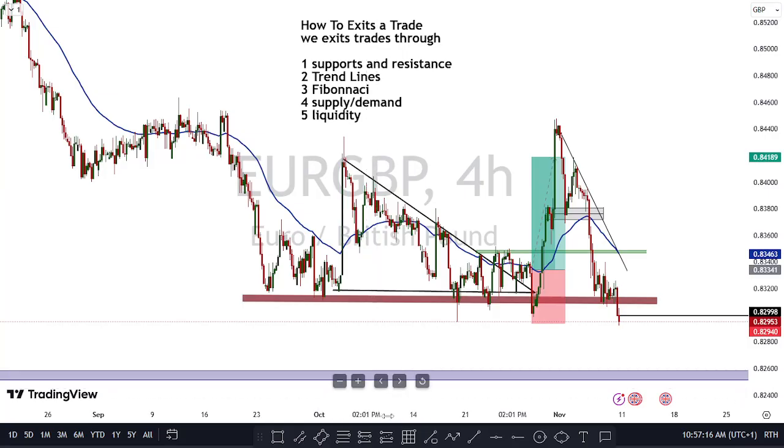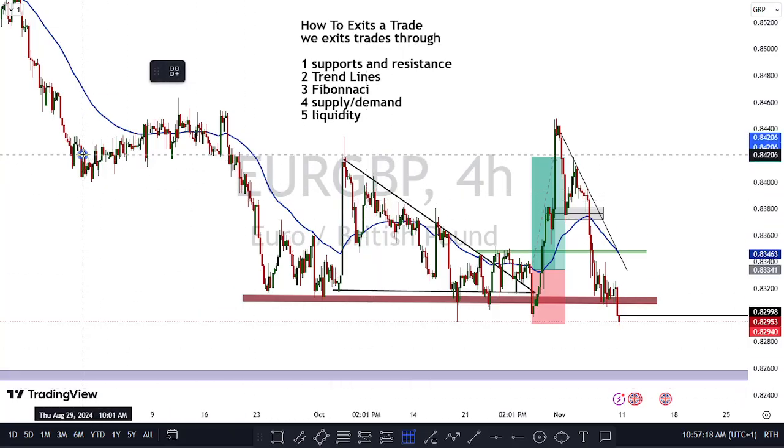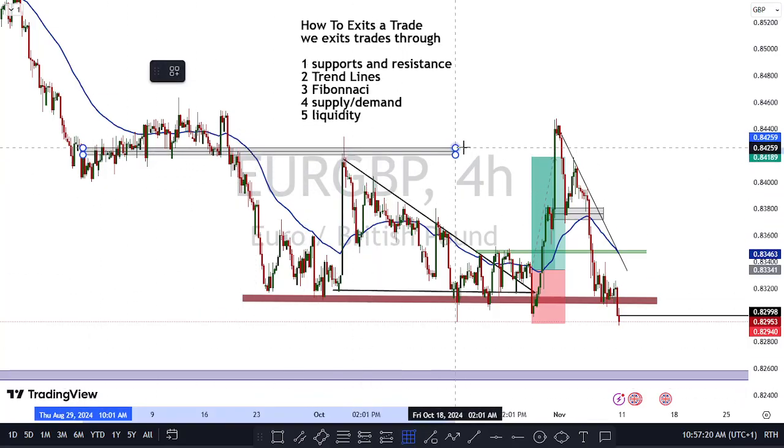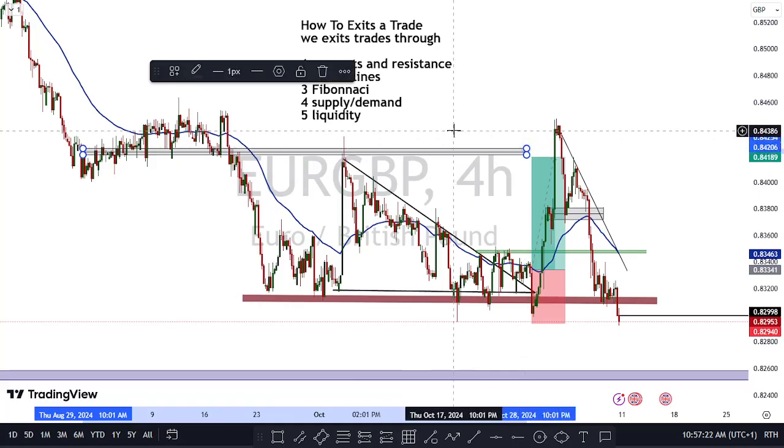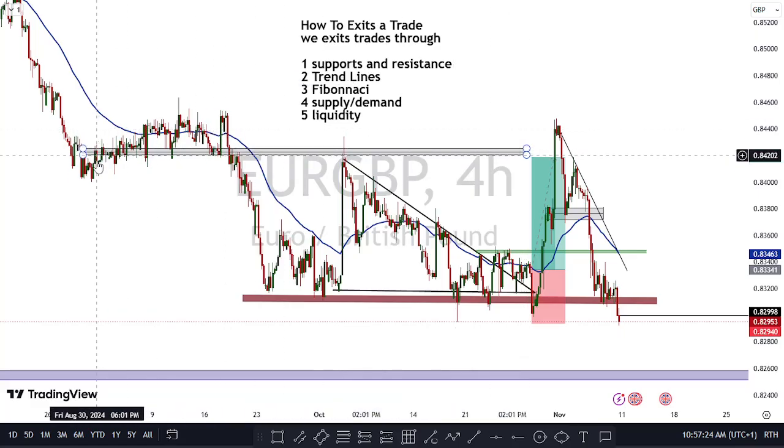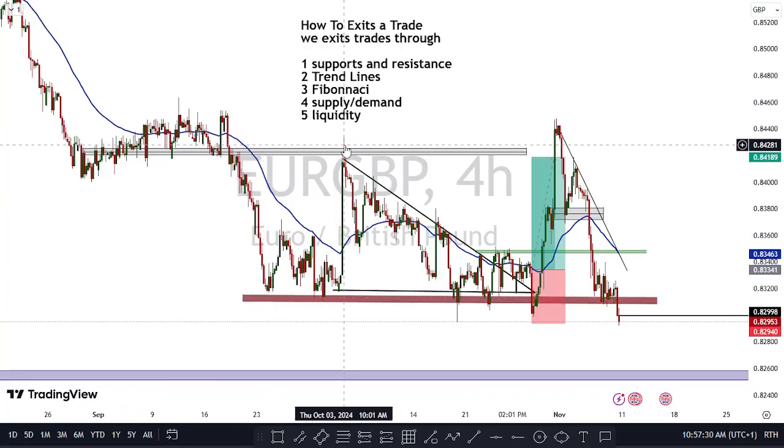All right, let me mark this out. We know that this area was actually an area where you see how the market has held here, pushed up, held here, pushed up, held, broke it, came back, retested it, pushed back, came back there again, rejected it, and then pushed right back down.